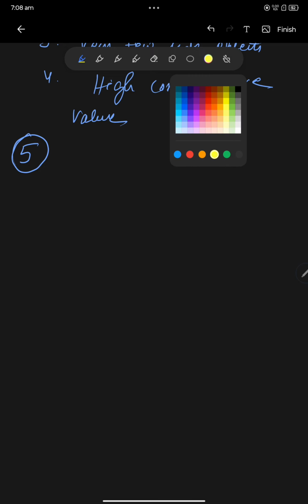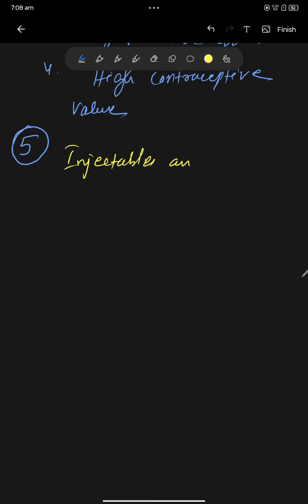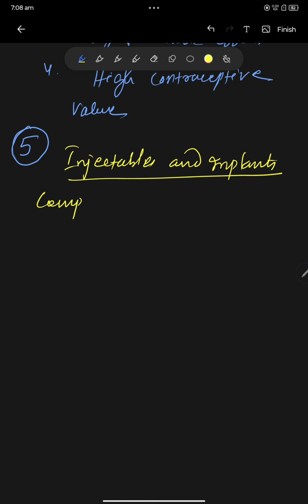Okay. So this is about the pills. Now the fifth type of contraceptive is injectables and implants. So what is their composition?